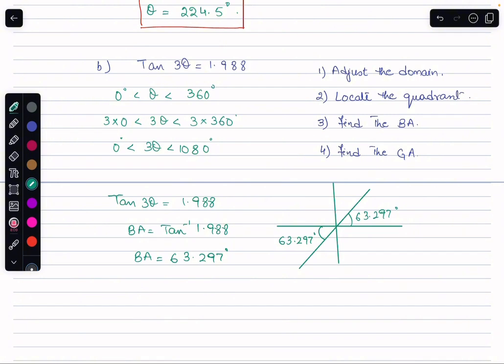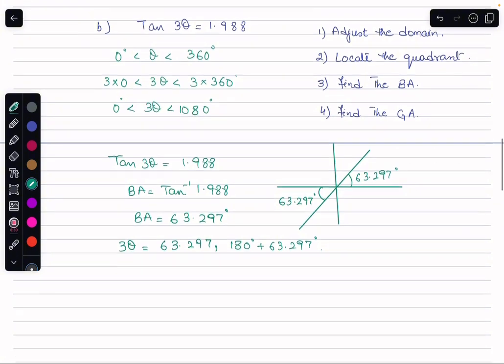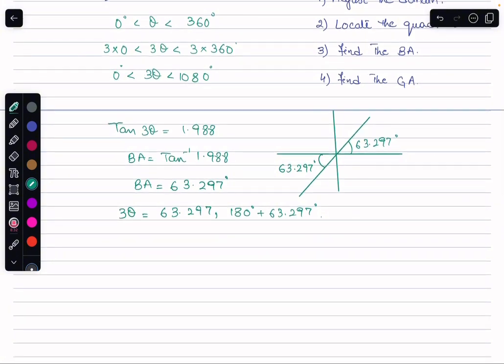Now to get the general angle, we should say that 3 theta should be equal to the angle in the first quadrant, which is 63.297. Then in the second quadrant, it should be 180 plus 63.297. For 3 theta, what we have found out is that it is from 0 up till 1080 degrees.